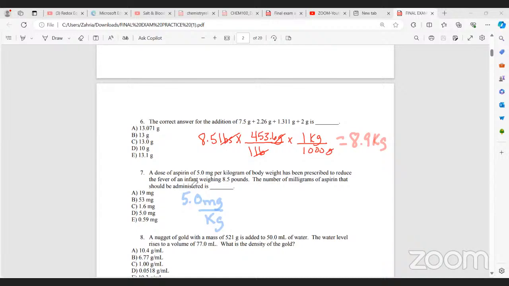Now, what are we going to do? We're going to take that and multiply it times the conversion factor that they gave us initially of 5.0 milligrams per kilogram. We're going to multiply that, cross out your kilograms, and this is going to give you your answer in milligrams, okay?